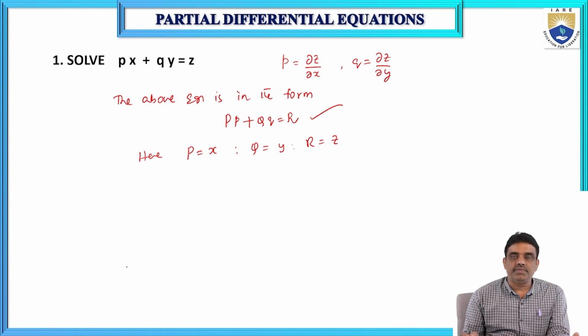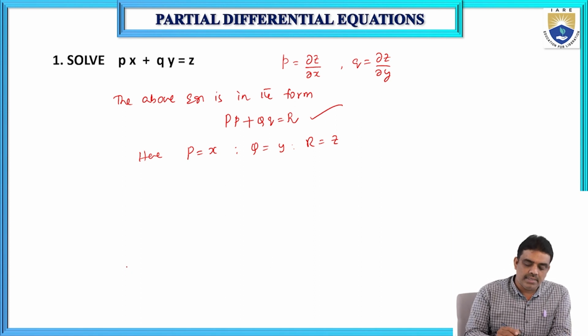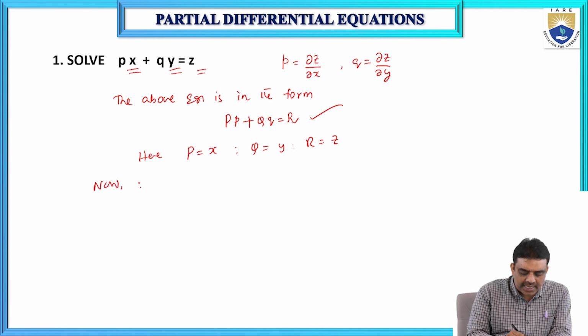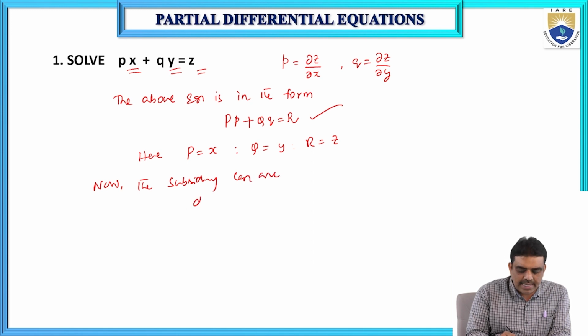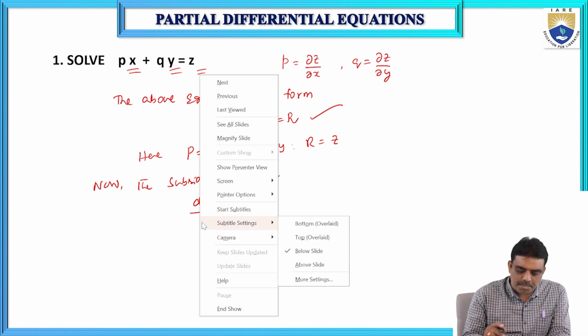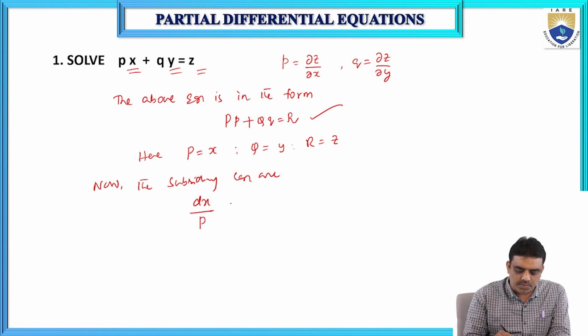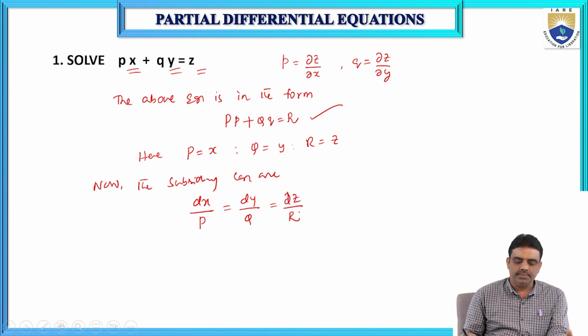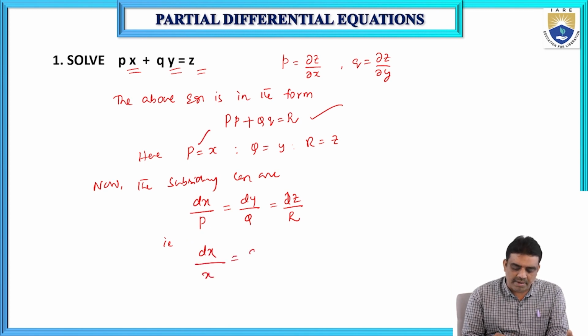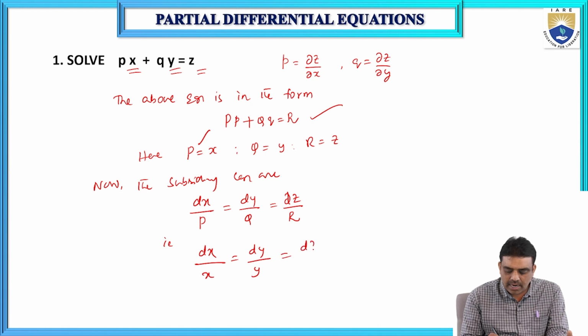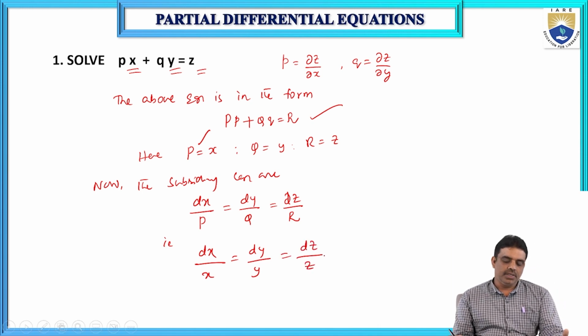To solve this equation, first you have to write the subsidiary equation. Here P is x, Q is y and R is z. Now the subsidiary equations are dx/P = dy/Q = dz/R, that is dx/x = dy/y = dz/z.